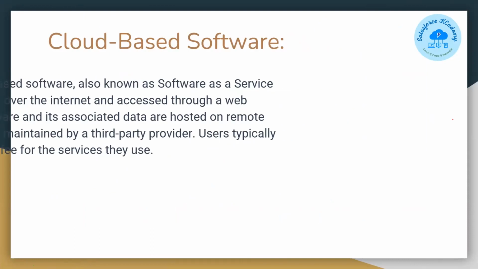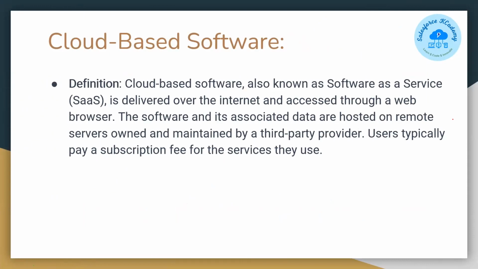cloud-based software. Now, if you see the definition, cloud-based software is also known as software as a service. It is delivered over the internet and accessed through a web browser like Google or Safari.